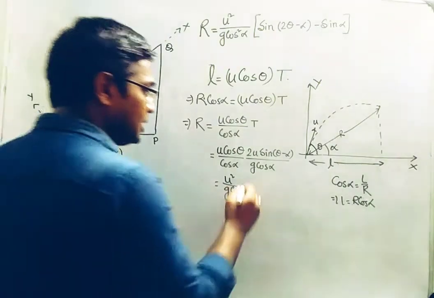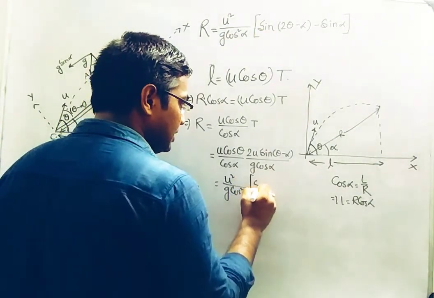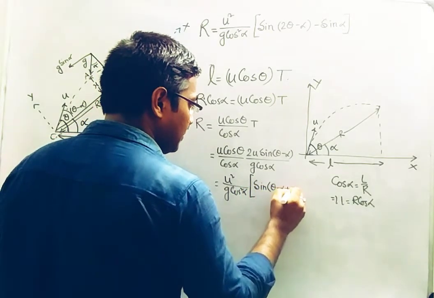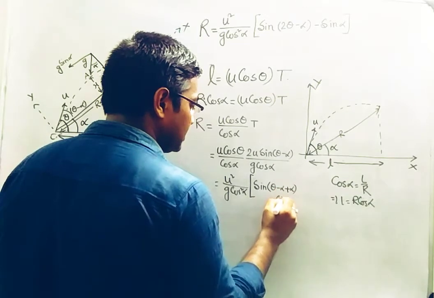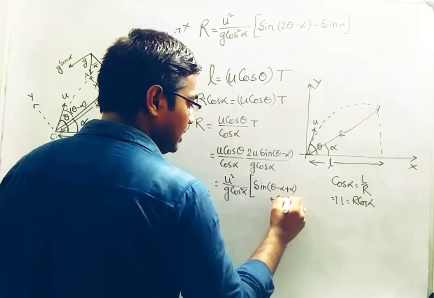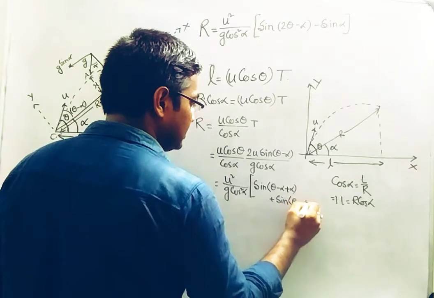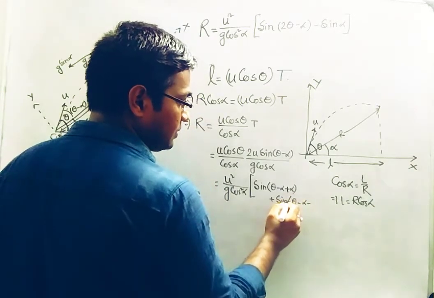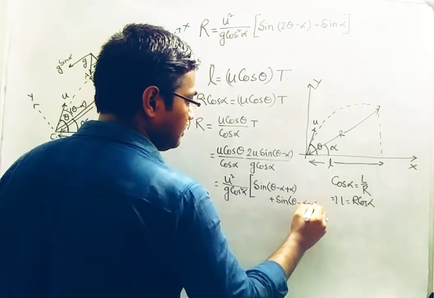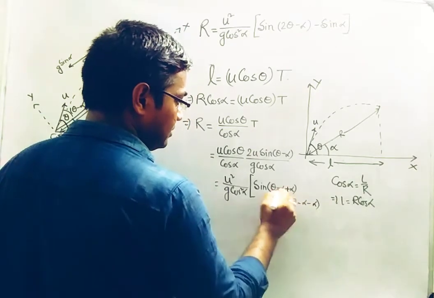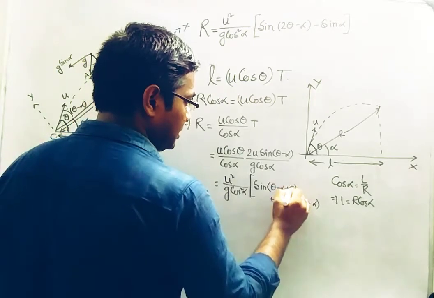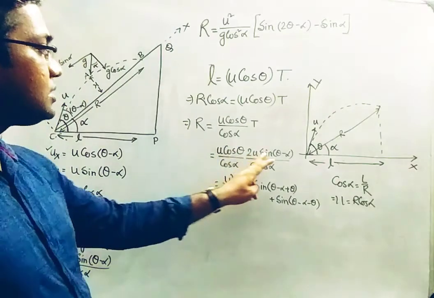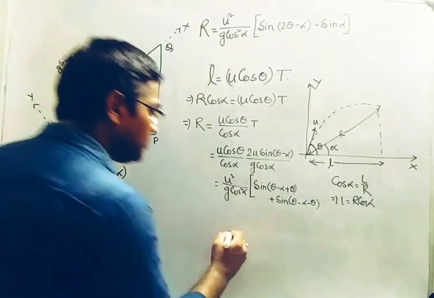This is another formula we can use. It is 2 sin A cos B. What is the formula of 2 sin A cos B?